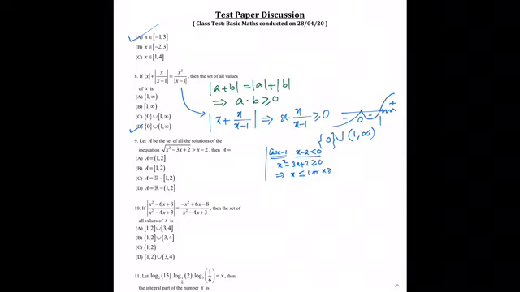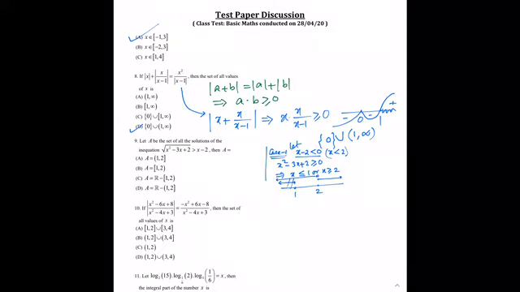But our assumption is x < 2. So we have to take the common part here, and if I take the common part, it will look like this: x ≤ 1, or x ≥ 2, and less than 2.